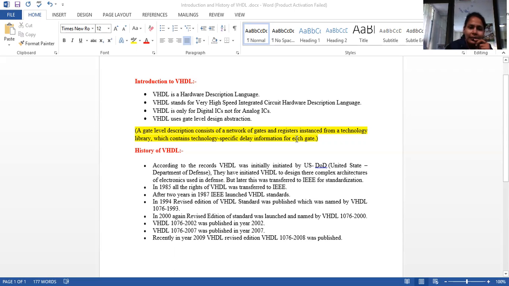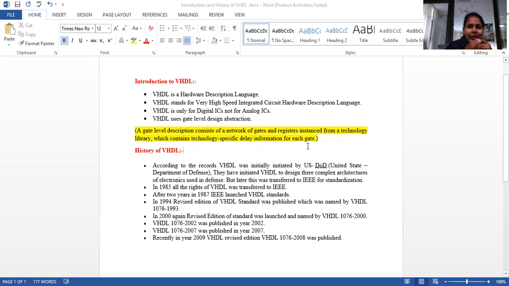In the gate level description, a number of gates and registers will be present, instanced from a technology library, which contains technology specific delay information for each gate.